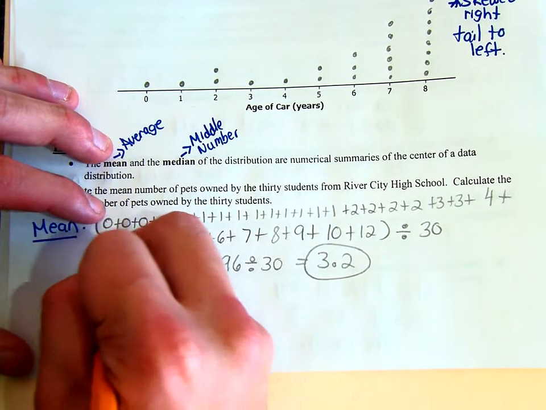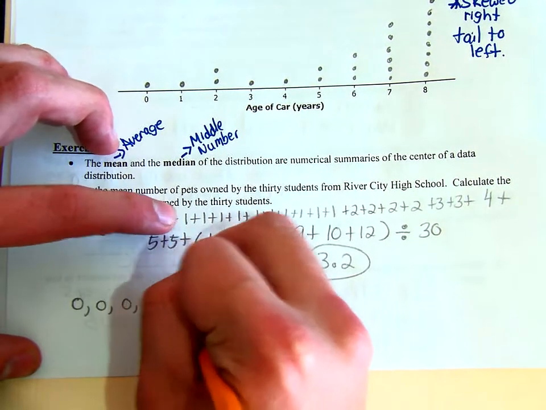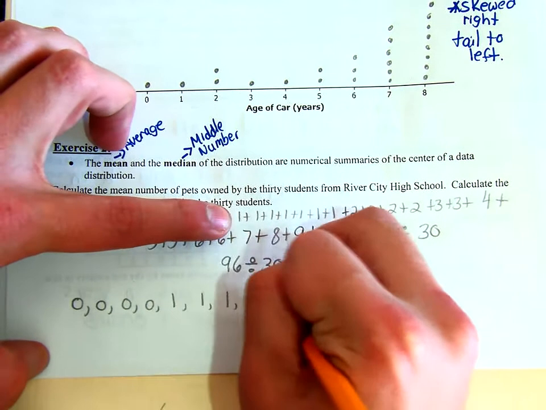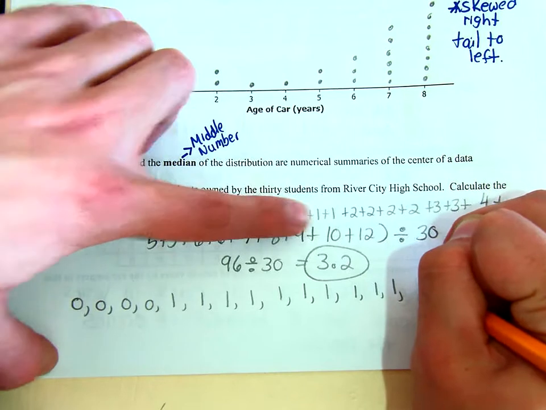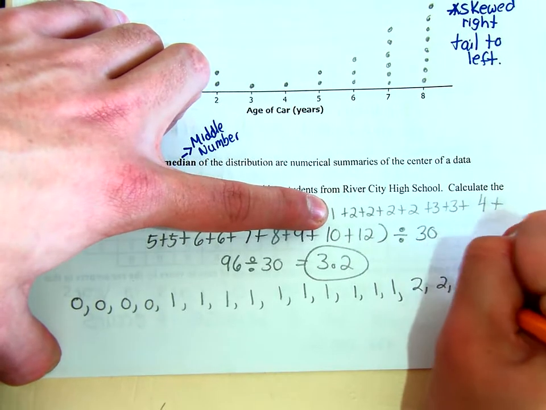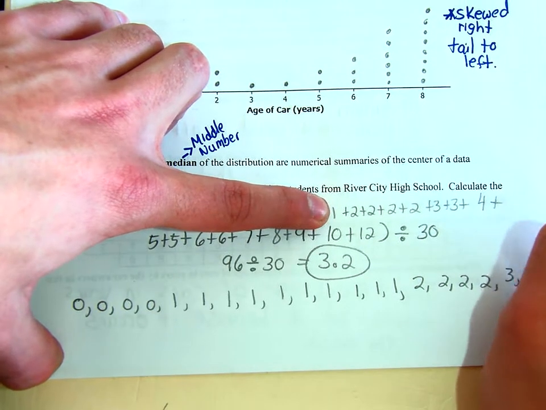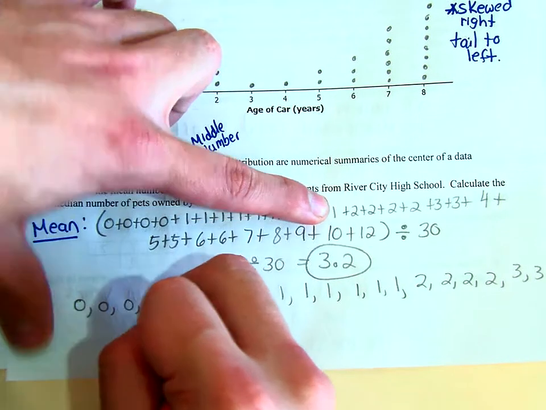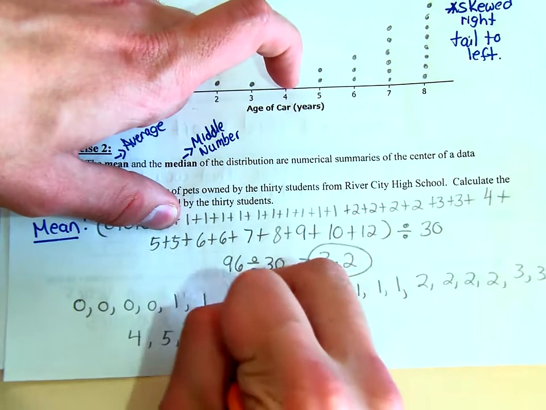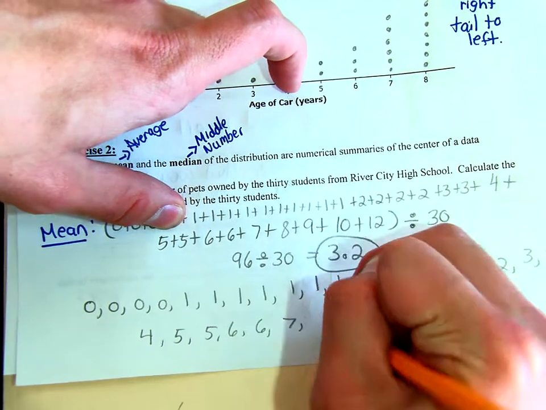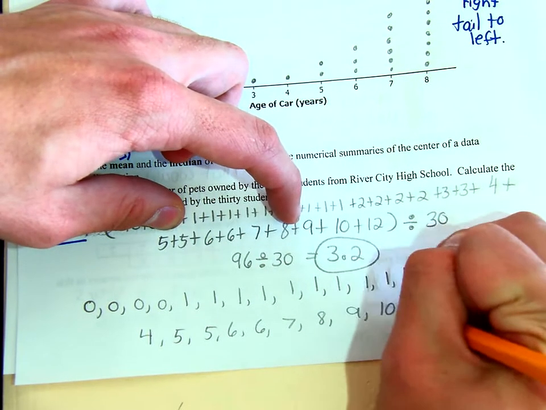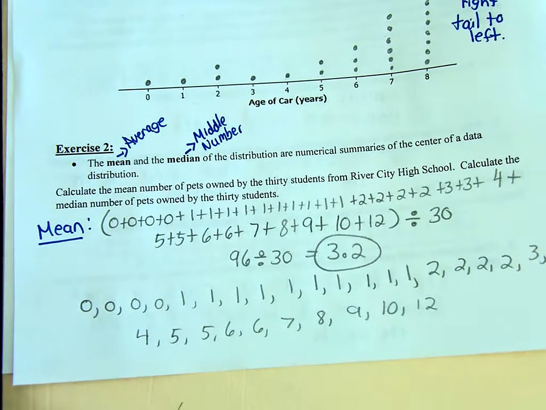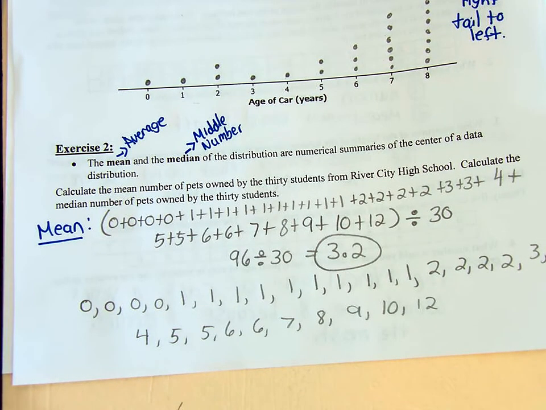So all I have to do is just list them out. 0, 0, 0, 0, 1, 1, 1, 1, 1, 1, 1, 1, 1, 2, 2, 2, 2, 3, 3, 4, 5, 5, 6, 6, 7, 8, 9, 10, 12.